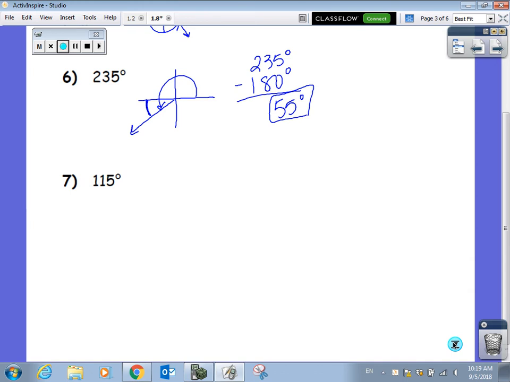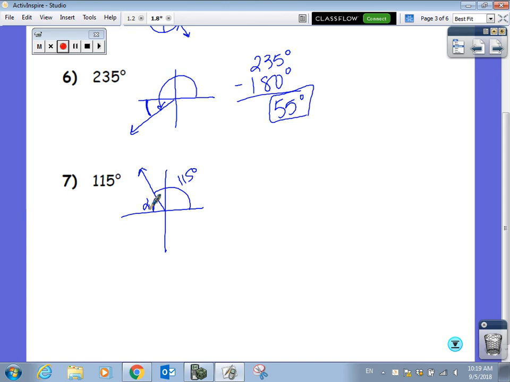All right, 115. Again, if you can just write the answer, fine. I do not have to see work. Here would be 115. Reference angle, terminal side to the closest x-axis. The closest x-axis, that is always going to create an acute angle. If you go terminal side to the closest x-axis, you don't have any choice but to create an acute angle.